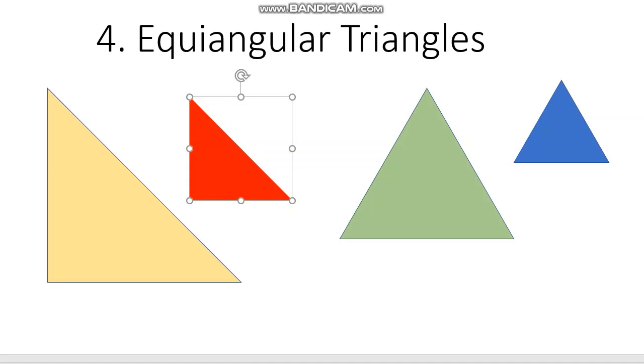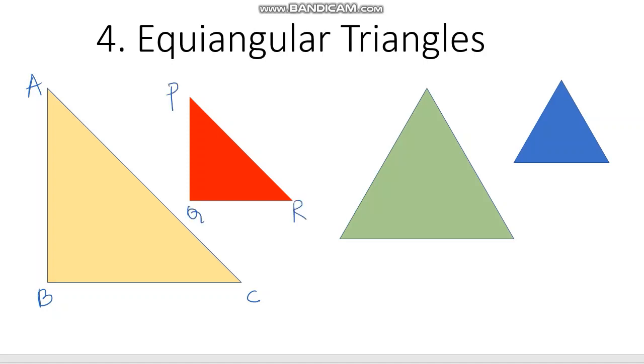So if you are going to take any two triangles, let me explain this. Suppose we are taking this triangle as A, B, C, and then you are taking one more triangle, this is P, Q, R.